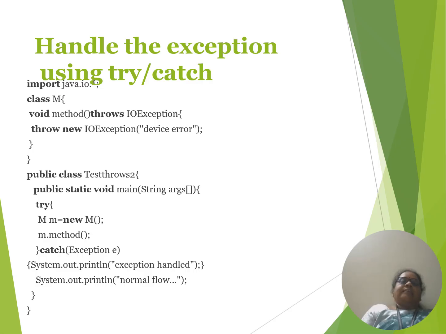Handle the exceptions using the try catch block. I'm giving an example. Import java. We are creating the class M, with a void method that throws IOException, throw new IOException, device error.